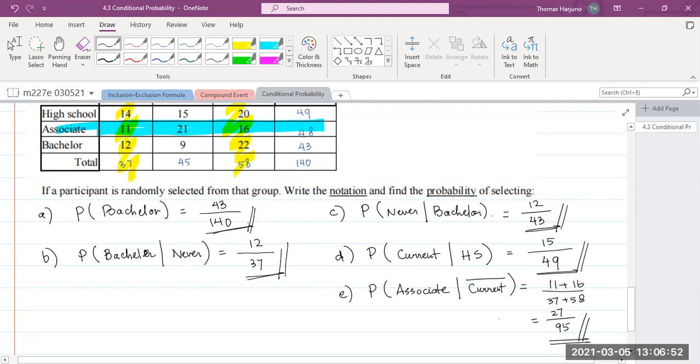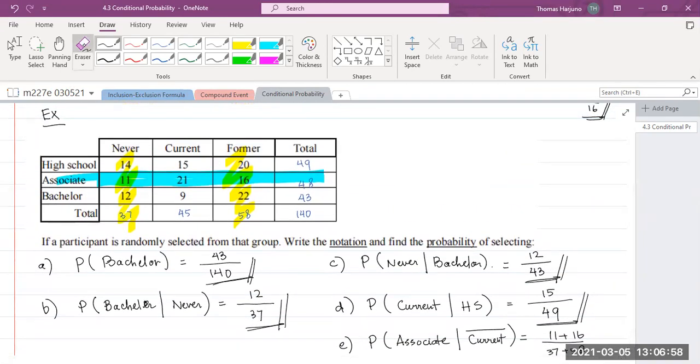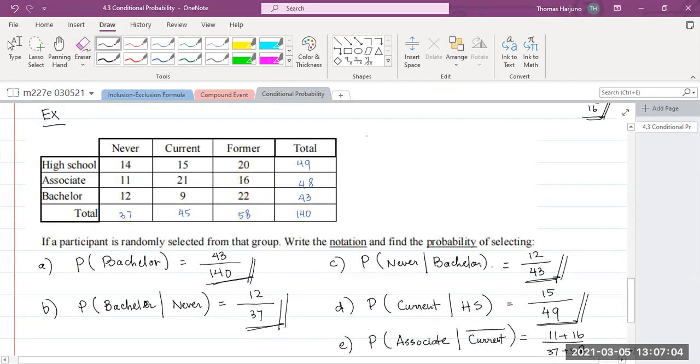Okay, now as a closing, let's do two more problems. So we will select from this group, something we did earlier, but we just applied that first time to contingency table. If we select two people, find the probability that both of them current smoker.